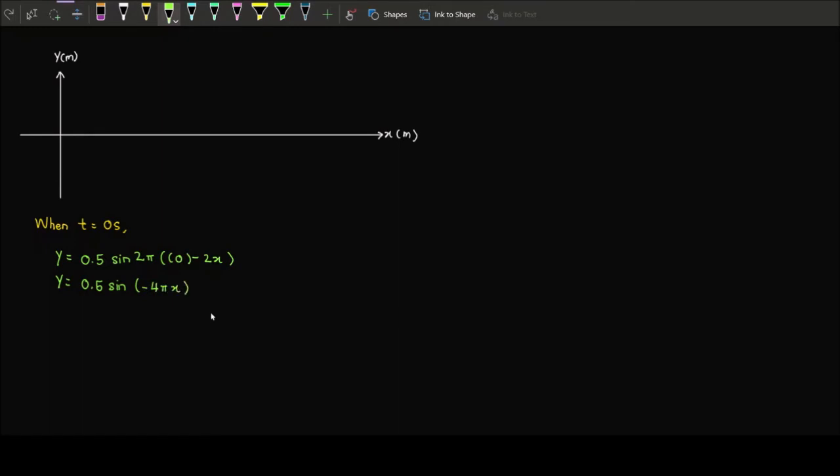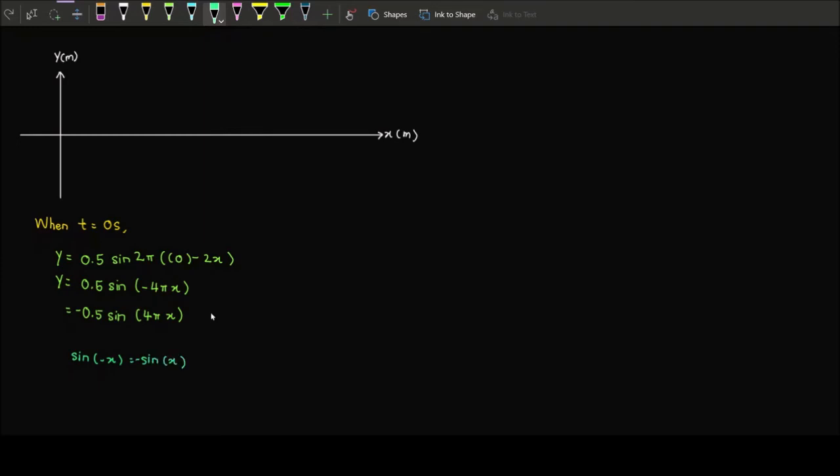Okay, so when you see a negative sign here, I will recommend you to bring out this negative sign. So it becomes negative 0.5 sine 4 pi x. Actually, it's not that I recommend, it's a usual practice to bring it out. If you are not sure why I can bring it out, it comes from this: sine of negative x equals negative sine x.